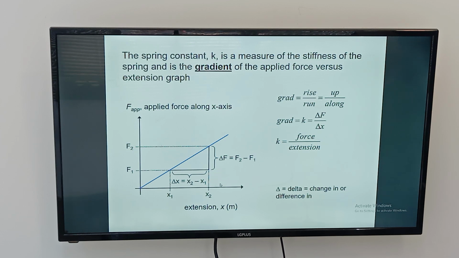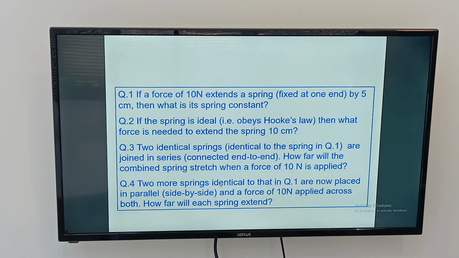So a force of 10 Newton extends a spring fixed at one end by 5 centimeters. Then what is the spring constant? To solve this question, you can say K, which is the constant, equals the force divided by the extension, which is 10 divided by 5, which equals 2.